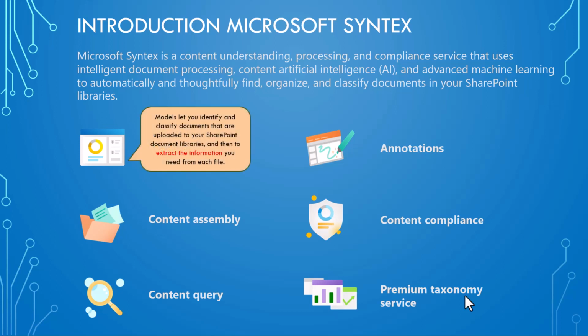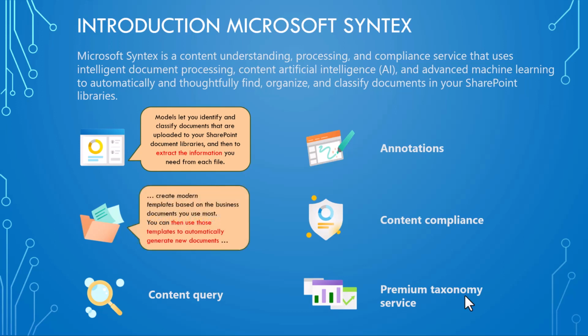Behind models, you extract information, typically with OCR tools that you might know from the Power Platform. Then we have content assembly, meaning that you can create templates to automatically generate new documents. Then document query, that's self-explanatory. You classify and group your data based on metadata that you extract.